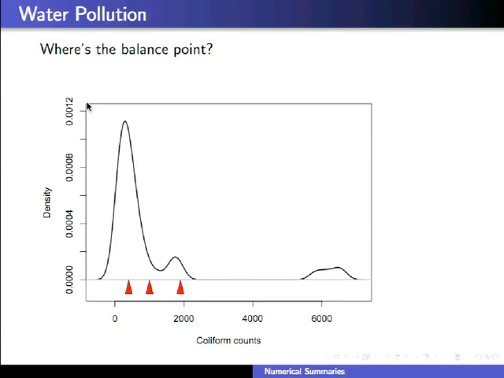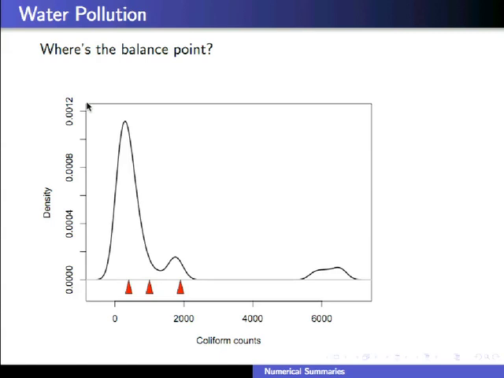Okay, let me give you a little harder one. Here's data that come from collecting water in a creek and measuring the amount of fecal coliform counting. And this is a really unusual distribution. I'm asking you what's the balance point, and I've given you 3 options. The first option, I'm not even going to tell you what the actual numeric value is. Yes?